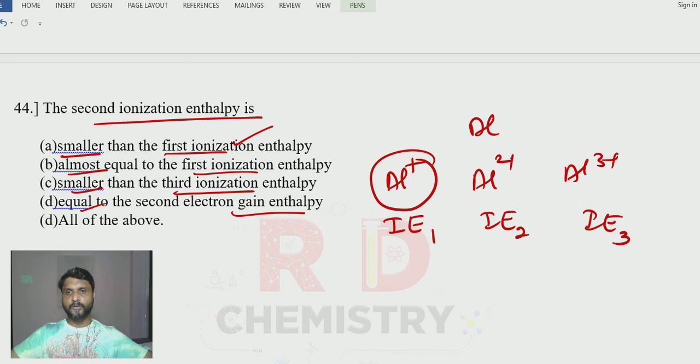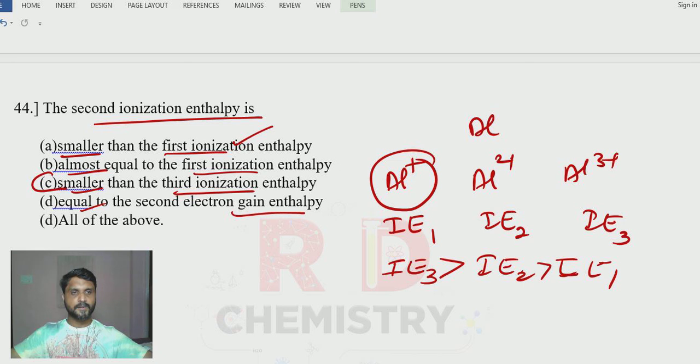As you go on removing electrons, the size of the cation goes on decreasing. When the size of the cation decreases, effective nuclear charge increases, therefore it is not easy to remove one more electron. So therefore the third ionization enthalpy is actually greater compared to the second, compared to the first. Okay. Therefore, the answer is option number C. Smaller than third ionization enthalpy is the correct answer.